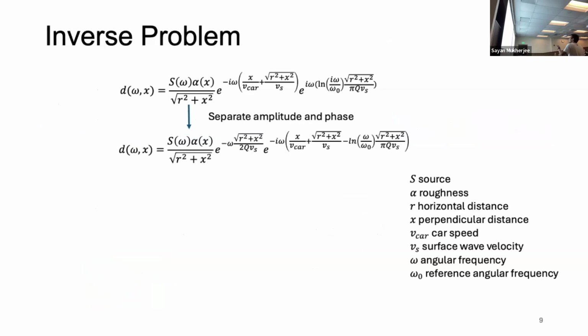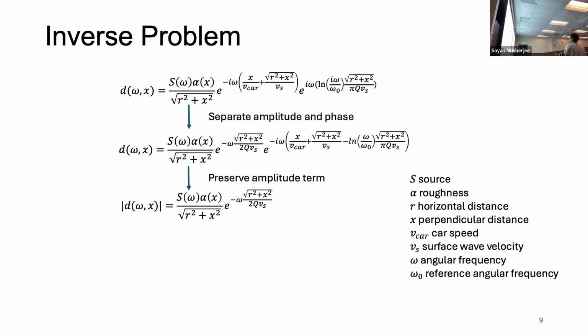The first thing we do is to separate the amplitude and the phase, and then we get the second equation. We keep the amplitude term and eliminate the phase term, and we get the third equation. According to this equation, we can do the roughness calculation. So that's our method.